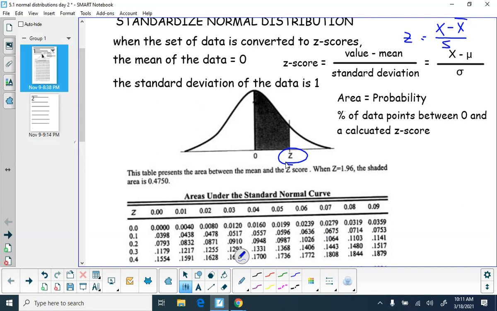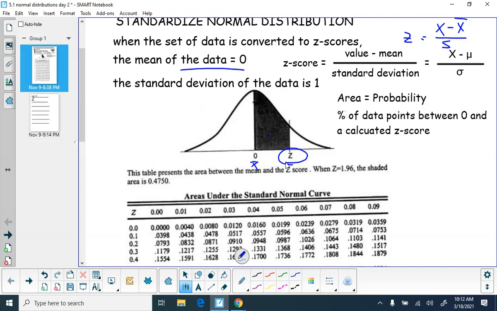So when we utilize this table, we are calculating the area between the mean, which is our 0 value, because the mean of a set of data is your z value of 0, and a z-score. So this table will give you an area between here and here.